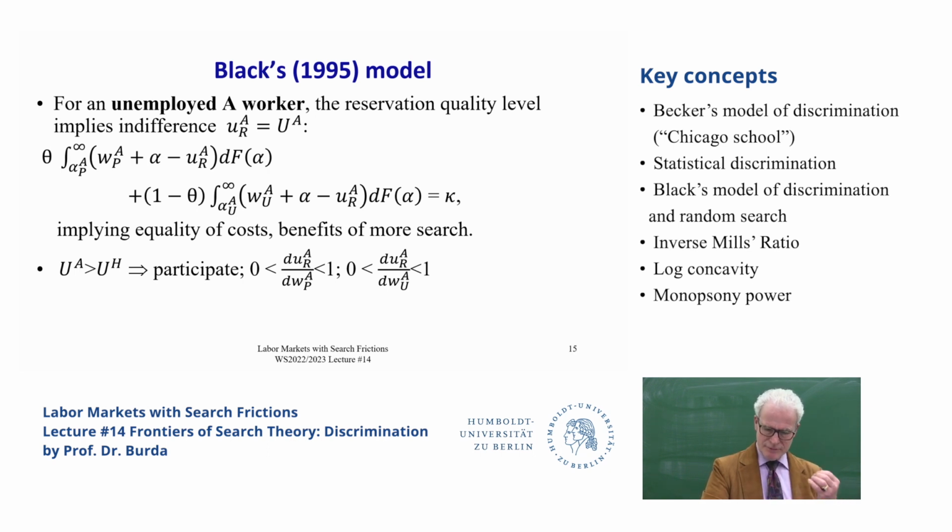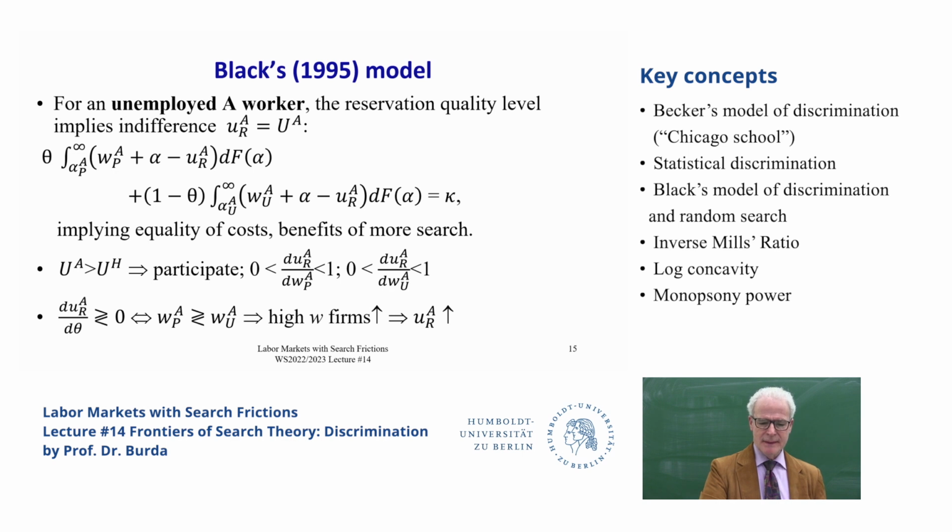It's the reservation level of utility I need to accept. It's strictly less than one in both cases. And you can show that the number of discriminating firms has an ambiguous effect on the level of utility.